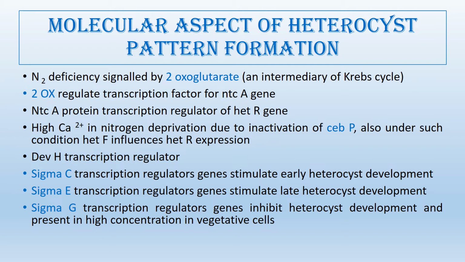And sigma G is an inhibitory transcription regulator. That is, this protein sigma G will inhibit heterocyst formation. And the earlier two proteins, sigma C and sigma E, are stimulatory, and sigma G is inhibitory.